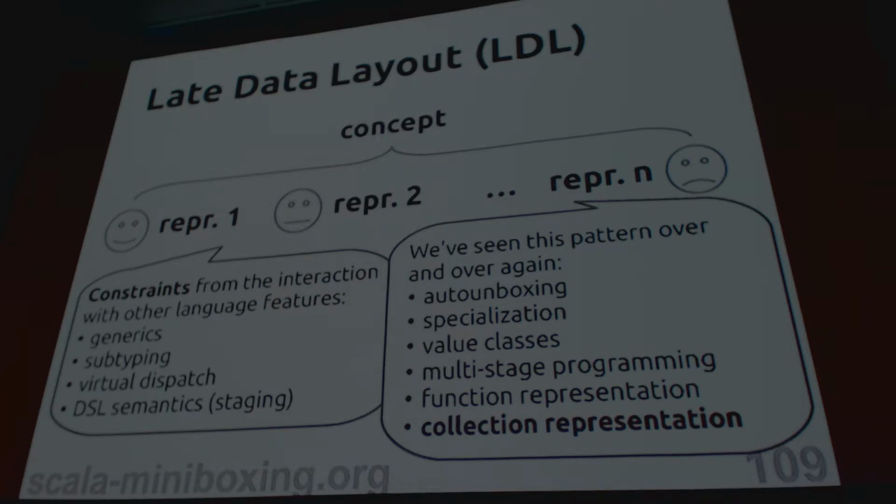The areas where I've seen this pattern are unboxing, specialization, but even in different situations: multi-stage programming, function representations, the way we represent closures, the way we use data structures. And this is actually very interesting.